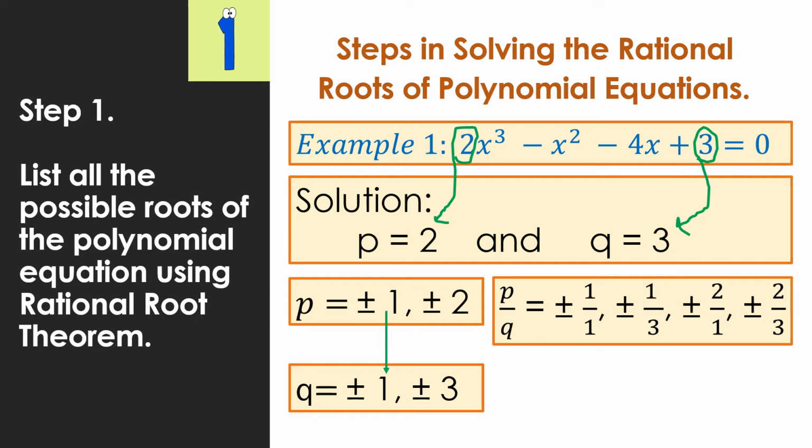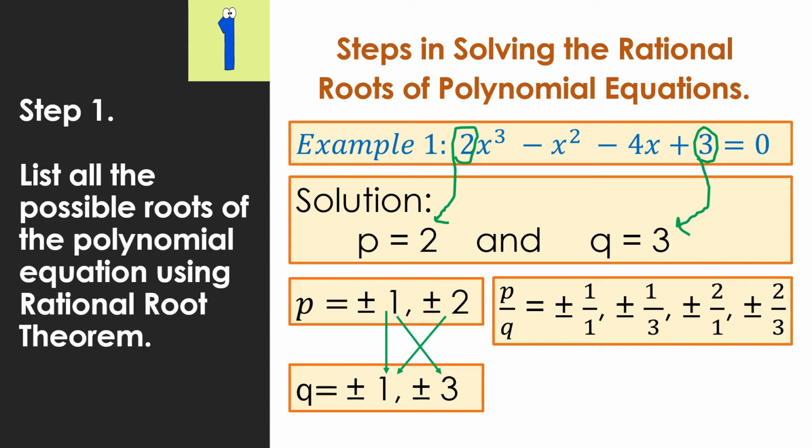The next step, we will write it in the form of p over q. So that would be positive negative 1 over 1, and then 1 over 3.